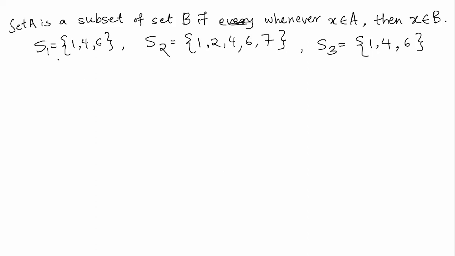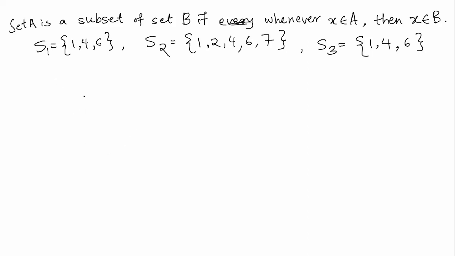Now, what about S1 and S3? S1 contains elements 1, 4, 6, and 1, 4, 6 is in S3 also. So S1 is a subset of S3. My next question, is S3 a subset of S1? Each member of S3, 1, 4, 6, is in S1 also. So S3 is also a subset of S1. So it happens in both ways. So in general, when I say that A is a subset of B, then conversely there are two options: B will be a subset of A or B will not be a subset of A.